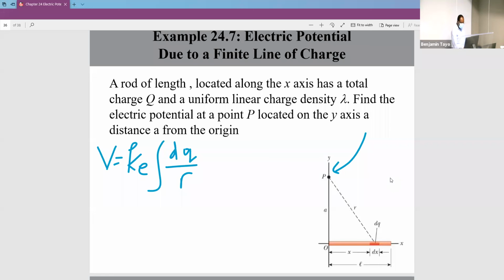You can see that this is just equal to KE Q over L, integral from 0 to L. Your dq is just going to be equal to dx divided by x.